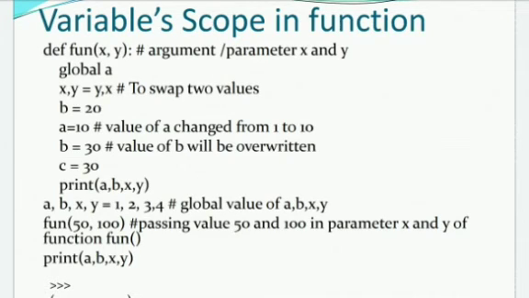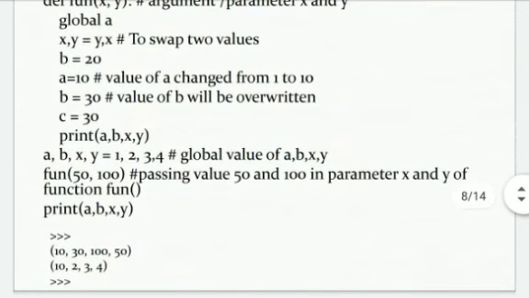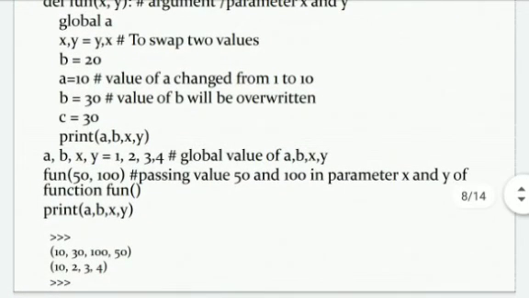Then we are printing a, b, x, y. Here a is 10, b is 30. We are changing the value of b from 20 to 30. The value of x is 100 and the value of y is 50, because we have already swapped the two values.